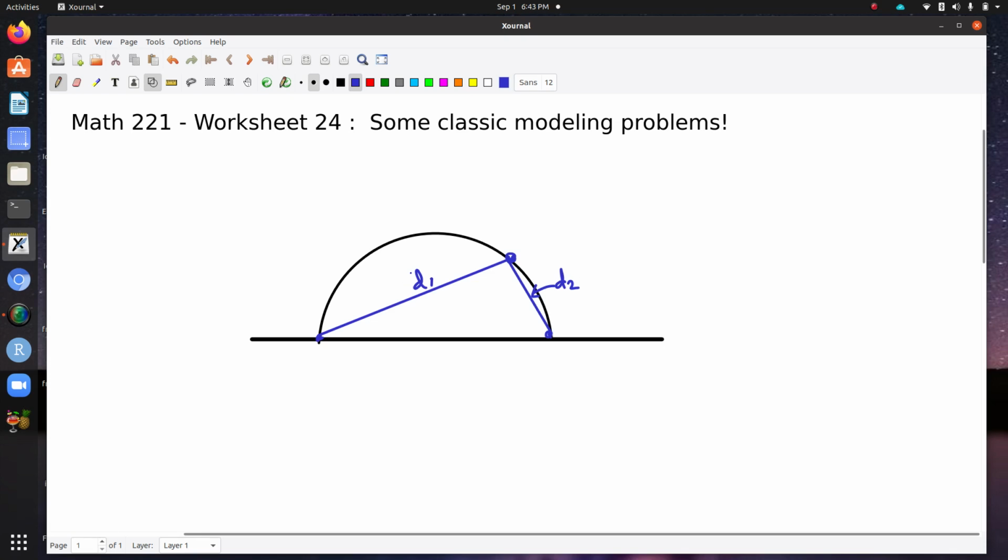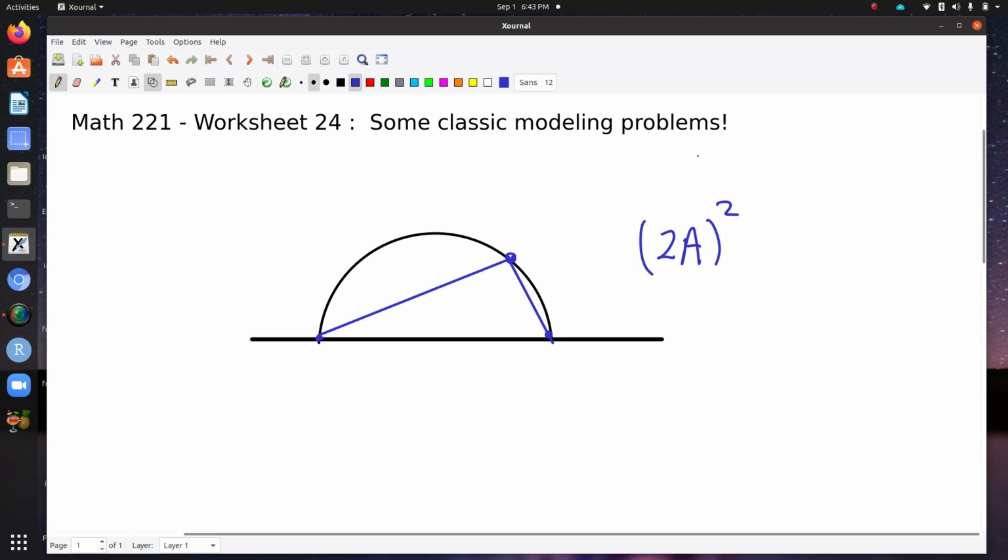The other thing that you should realize is that since you're just trying to maximize the area of this triangle, you could maximize area squared, or you could maximize 2 area, or 2 area squared.